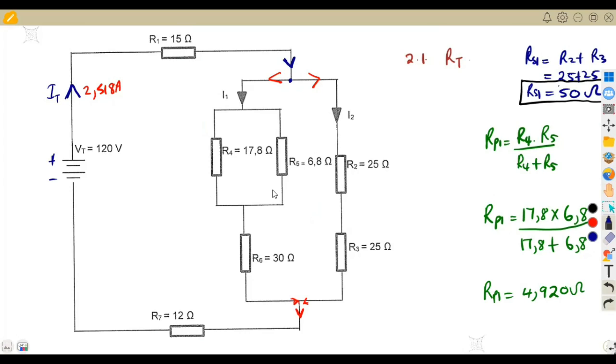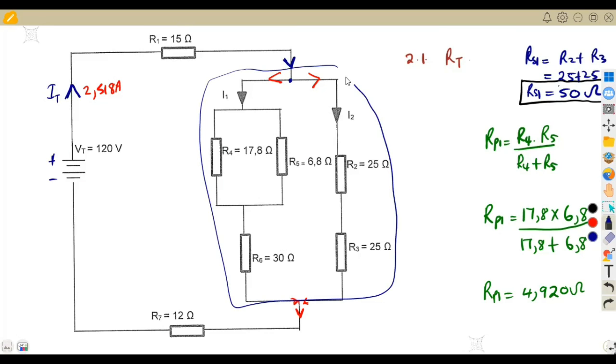So instead of calculating the total voltage from everything that we are given, we just ask ourselves, what was the total resistance of this parallel combination? Because we talked about this parallel combination as a whole. What was its equivalent resistance?